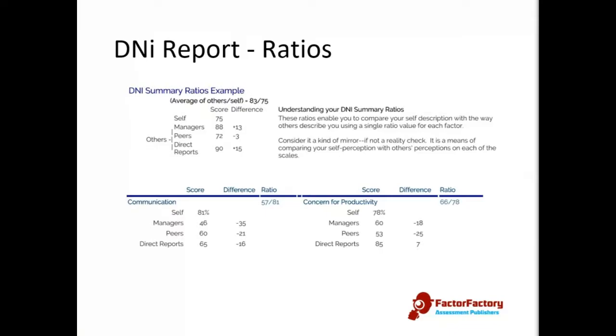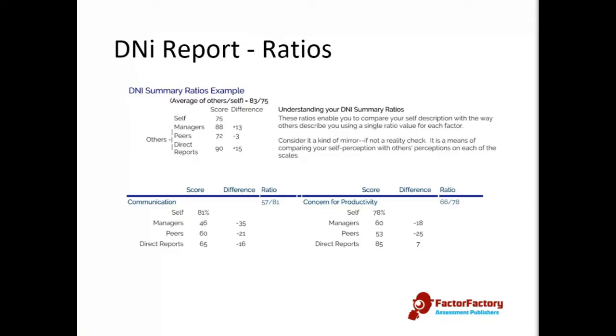The other area we look at in the DNi is something called ratios. So this is just a little different presentation of what you saw earlier. You see the communication there on the left, that this is the same, the self score. And then we see here managers, peers, and direct reports are actually averaged together. So what you're looking at there is the average of all their feedback is a 57 for communication under ratio.